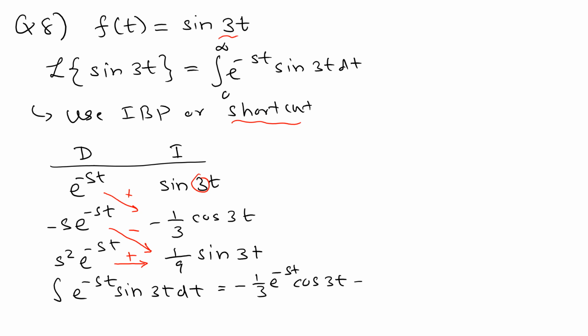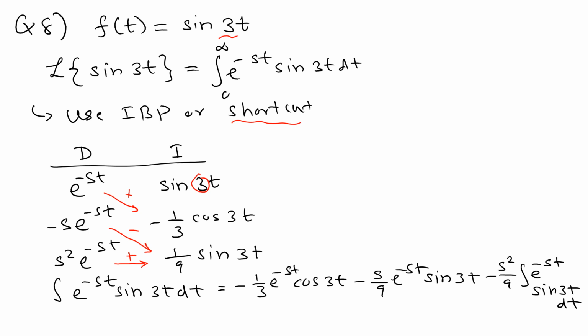The second line is going to give you negative s over 9 e^(-st) sine 3t, and the last one is the integral, so which is s squared over 9 times the integral. We don't put values here, so e^(-st) sine 3t dt. So that's what you get from the last line.